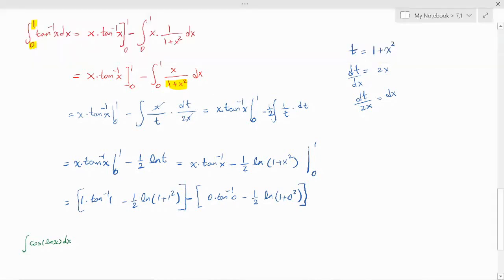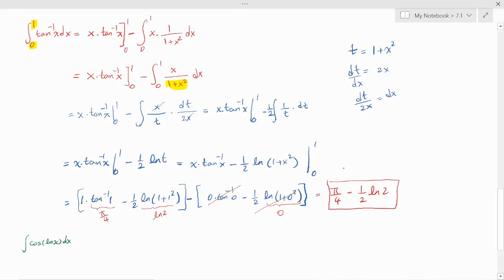Tan inverse of 1: at what angle does tangent equal 1? This is pi over 4, the 45-degree angle. We don't know what ln of 2 is, so I'm going to leave it as that. 0 times tan inverse of 0 disappears. ln of 1 is simply 0, so this side is 0 times 1/2 as well, gone. So what we get at the end is 1 times pi over 4, which is pi over 4, minus 1/2 ln 2.